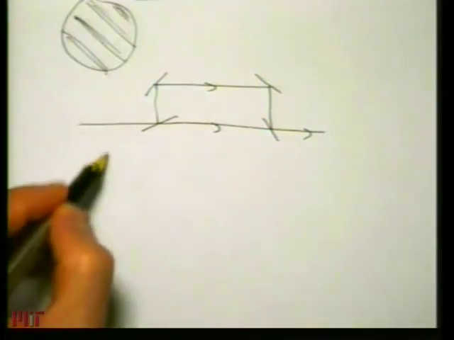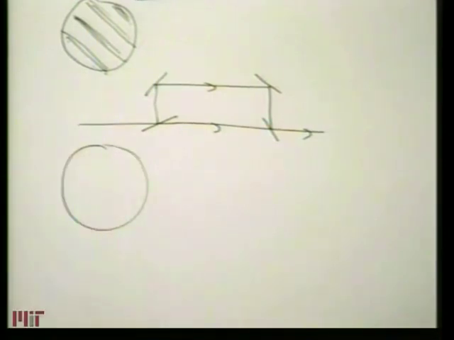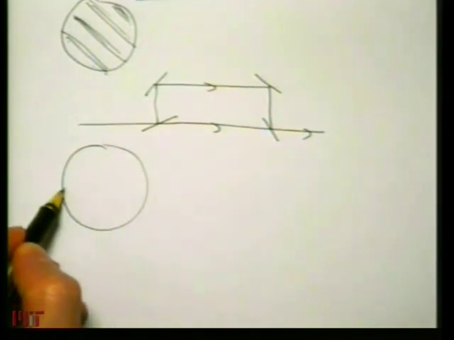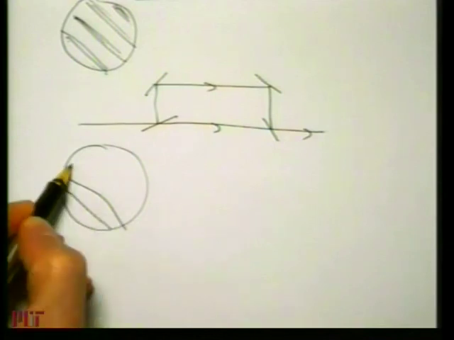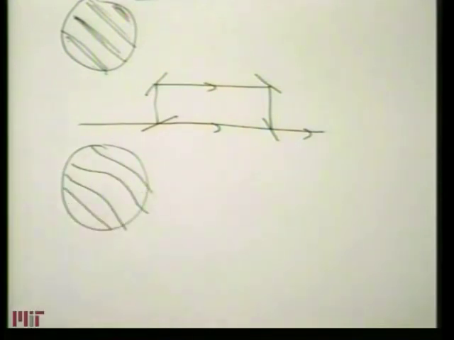Whereas if it wasn't, you might get fringes that have some shape like this. So by looking at the geometry of those fringes, you can quite easily measure the deformations in the shape of it.